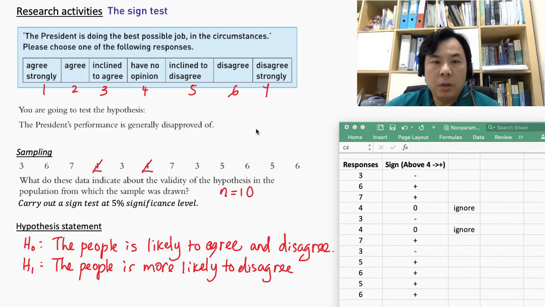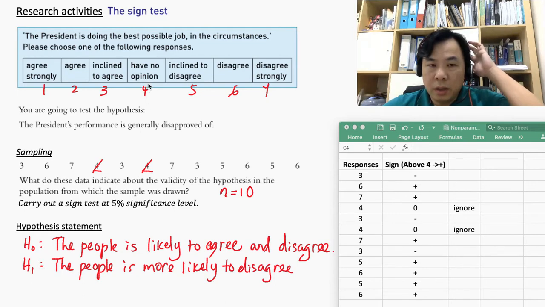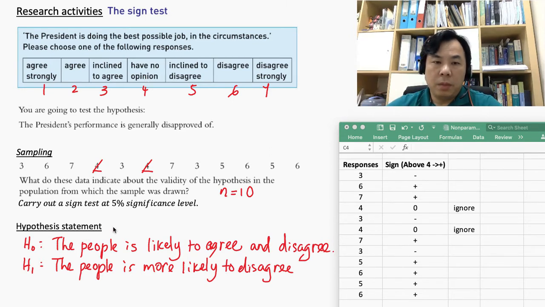The 4 is the center of the data, or hypothesized value, because we state in our null hypothesis that the people are likely to agree or disagree. Therefore, the hypothesized value will be 4 in this case.